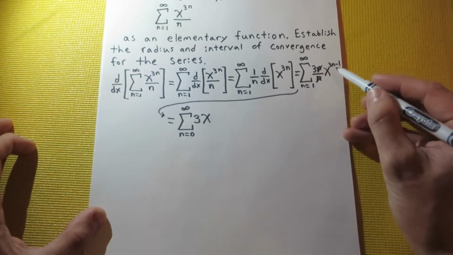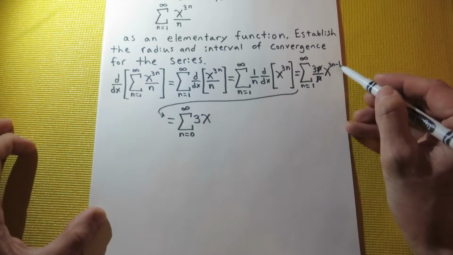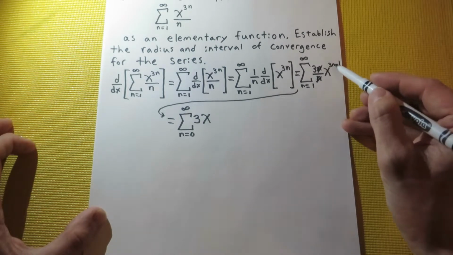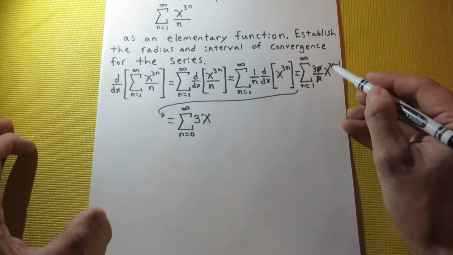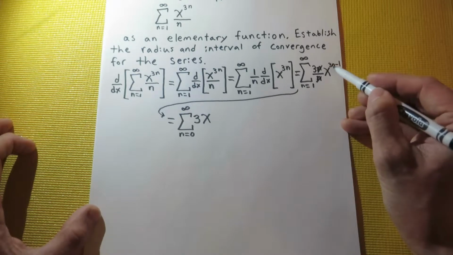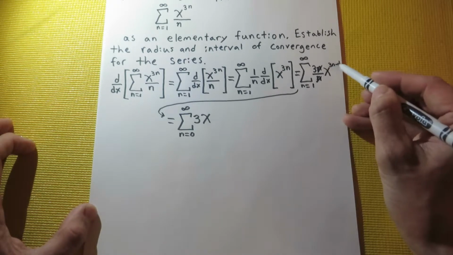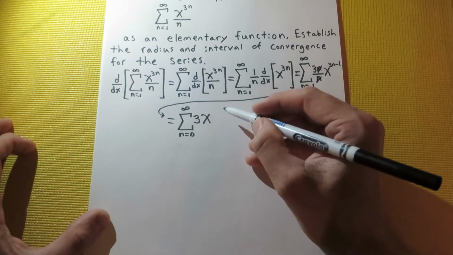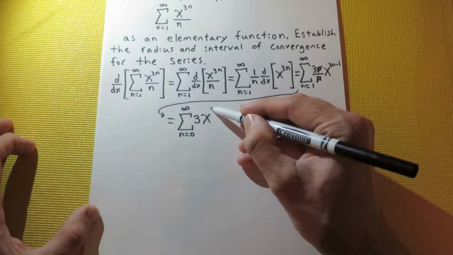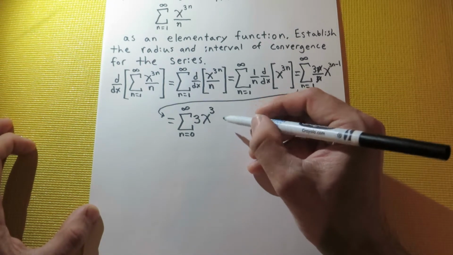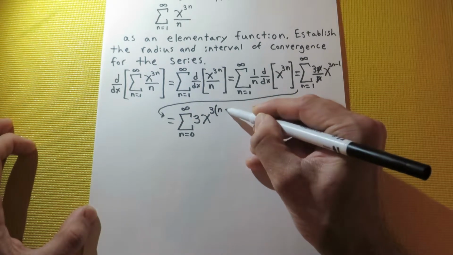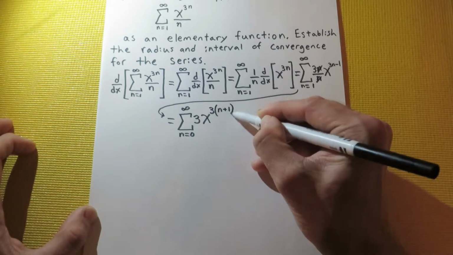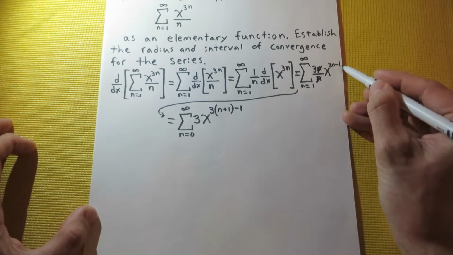You can't just add an extra 1 to this. You have to add 1 to n specifically. So whatever is out in front of n that it's being multiplied by will also multiply times what you're raising n to. So this is 3 times n plus 1, and then we still have our minus 1 over here.